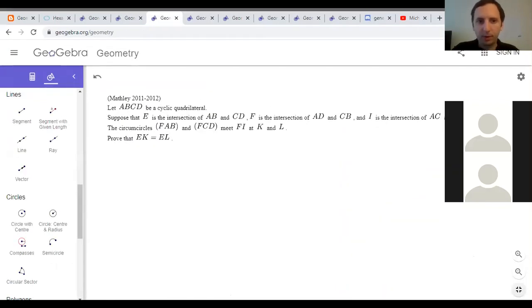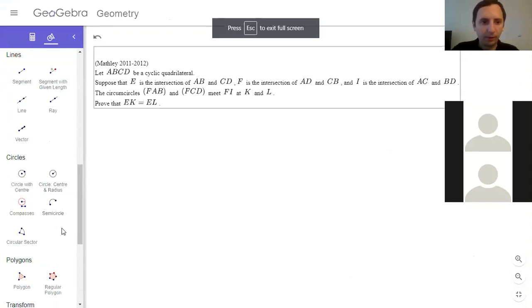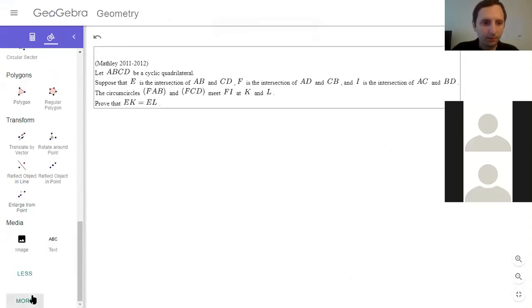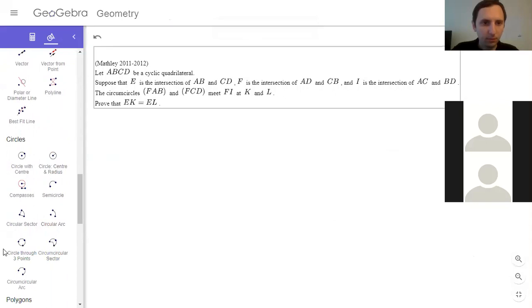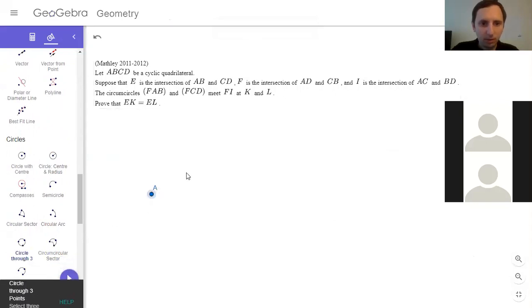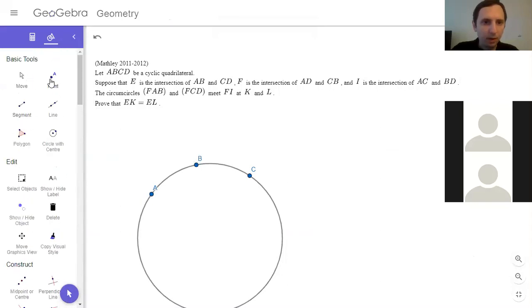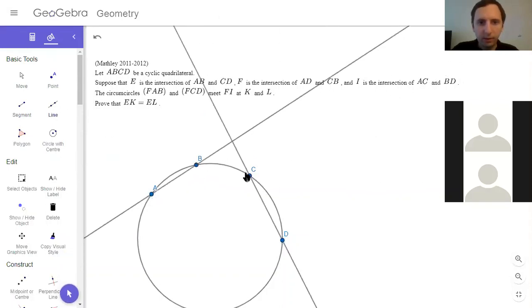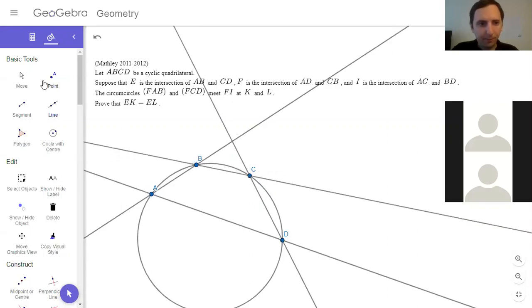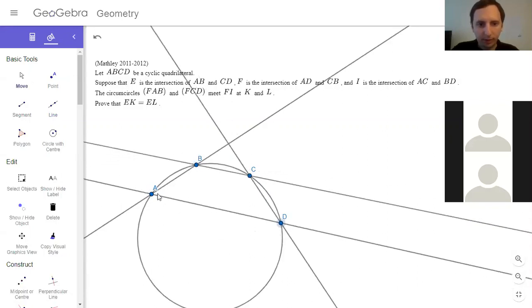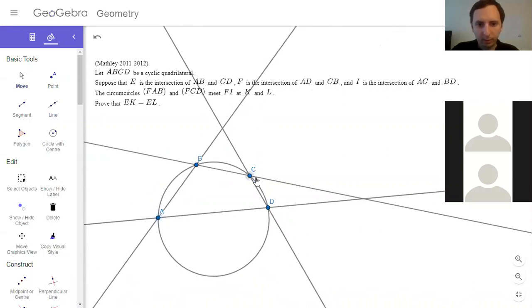So here's the next problem. We have a cyclic quadrilateral ABCD. E is the intersection of AB and CD. F is the intersection of AD and BC. Okay, let's make it look nice, something like this.